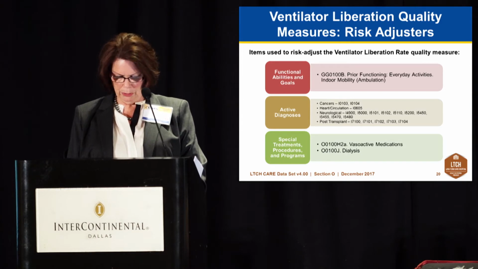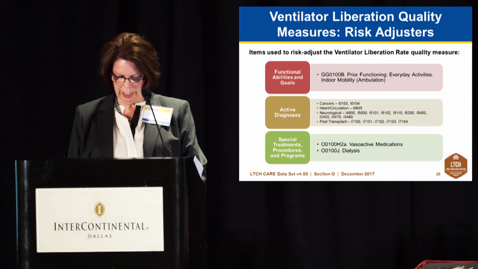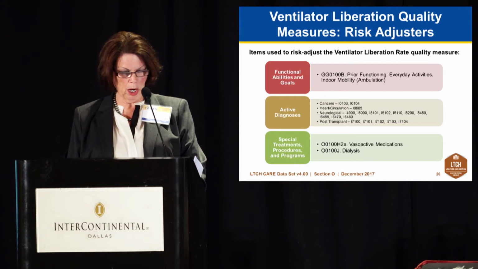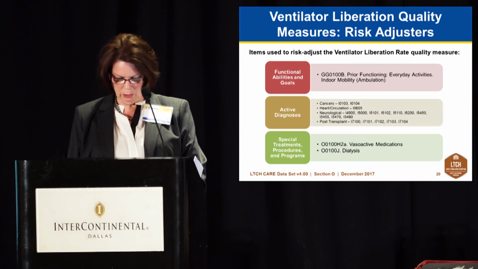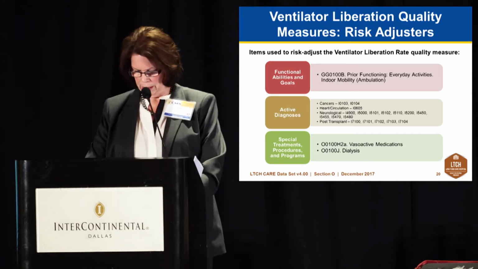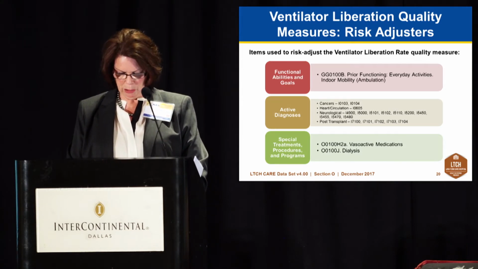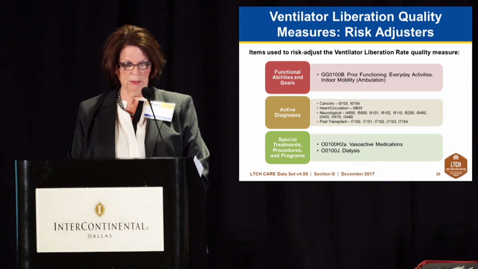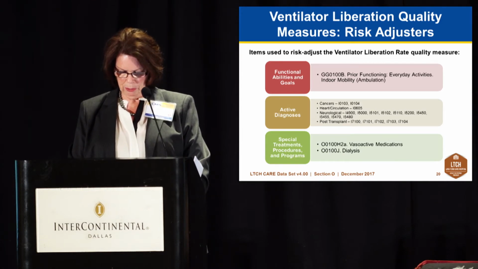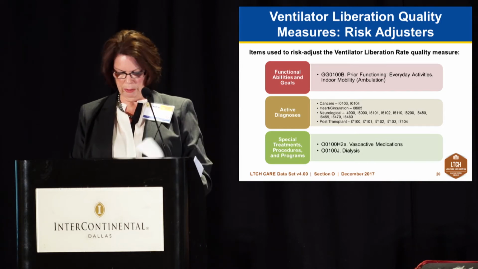The active diagnoses I went over in the previous presentation, but it's the 2 cancer active diagnoses, the new heart circulation, and several neurologic active diagnoses, and then the post-transplant comorbidities and coexisting conditions that we already talked about. And then from Section O, special treatments, procedures, and programs, as we've already talked about, the vasoactive medications, and also dialysis is going to be used as a risk adjuster.